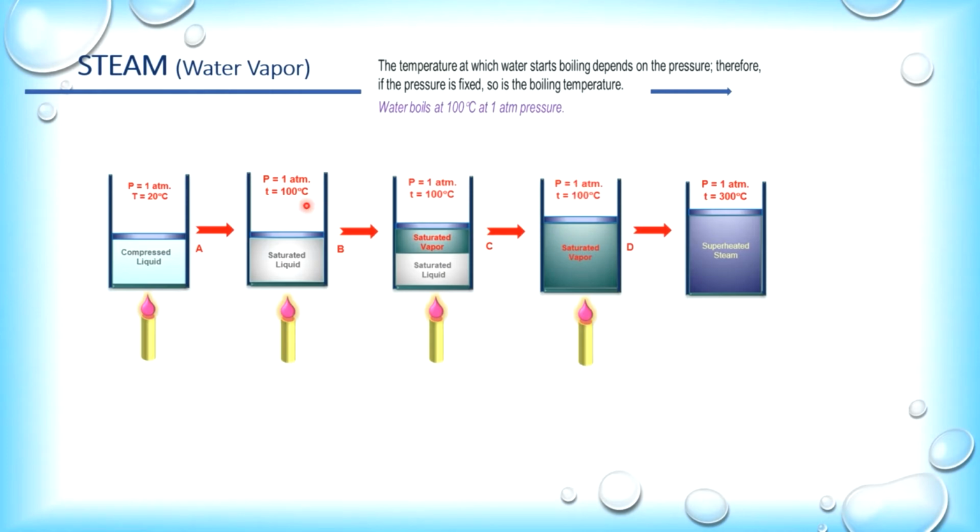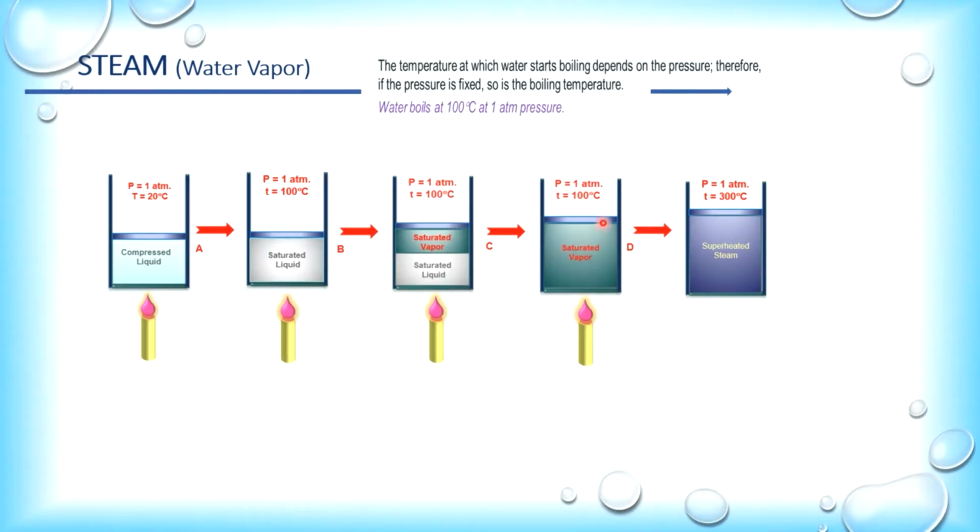Now, when you look at these three stages, B, C, and D, you can see that at these three different stages the temperature remains constant. This temperature we call the saturation temperature. This saturation temperature will not change until the change in phase of the substance is complete.